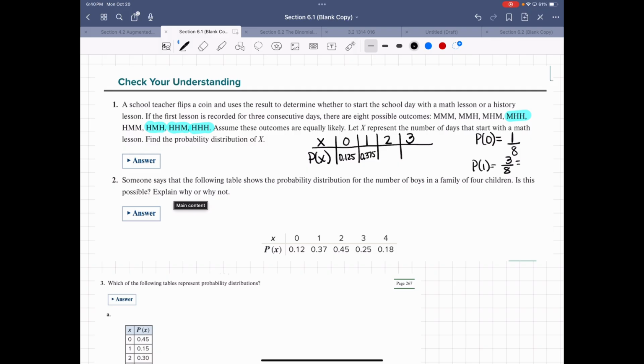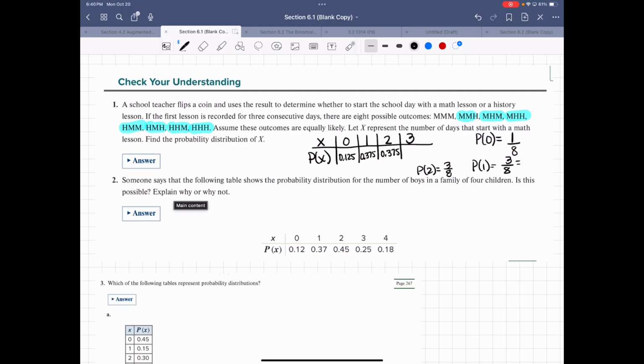Okay? All right, what's the probability that 2 of the days are math? How many? 1, 2, 3. Good. 3 out of 8. Same thing as the other one, right? 0.375. And then all 3 days are math.